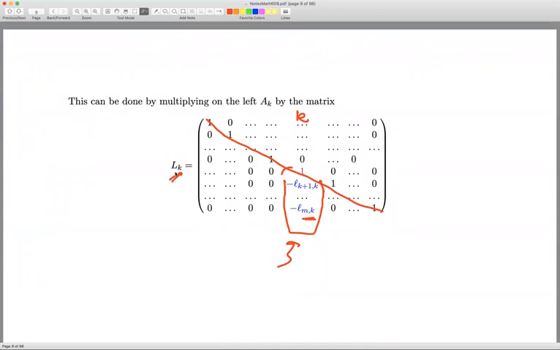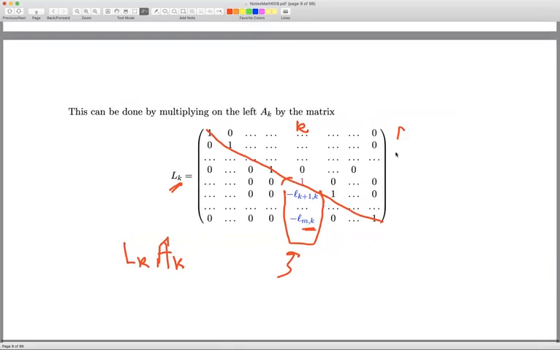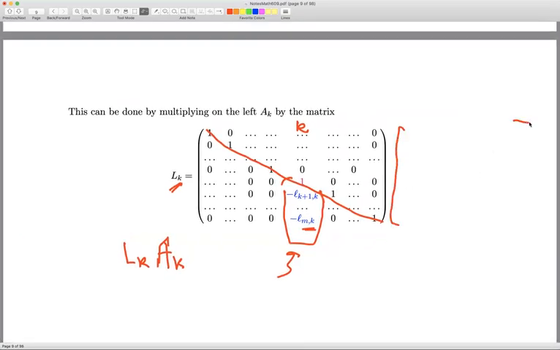So if you write down the matrix LK and you look at LK times the matrix AK, what will happen is, if I have here the matrix AK, we know that the matrix AK has the following structure. So here is this pivot element A k,k, and here something is happening. Here is the main diagonal, and here everything is 0.